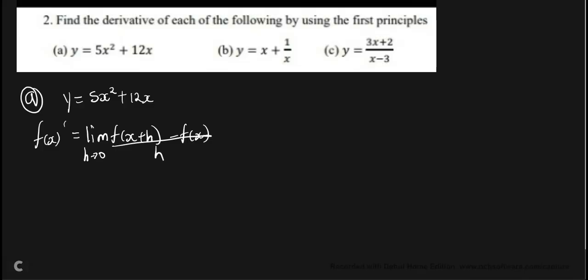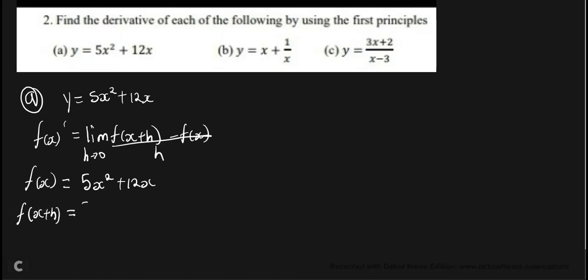So the first thing that you need is to find f of x. The f of x is the given equation, which is this. Then the other thing is to find what we call f of x plus h.